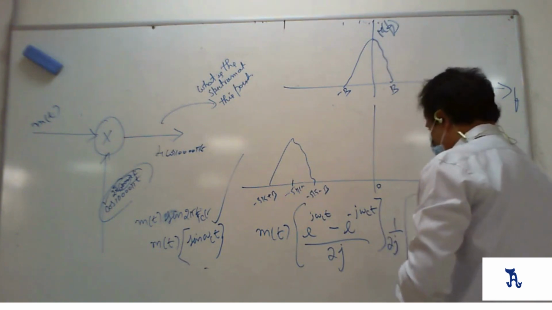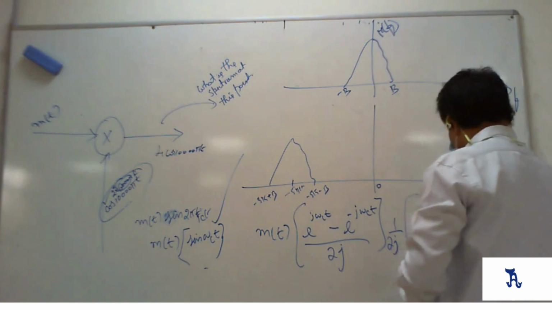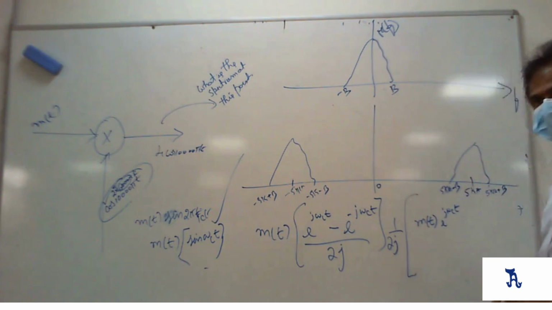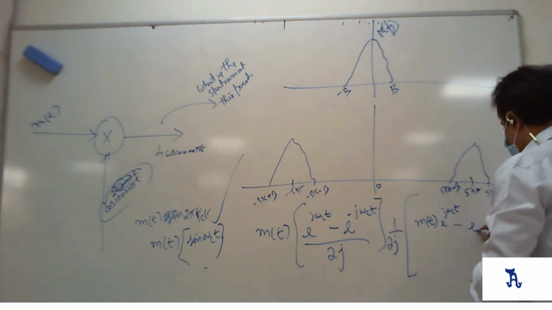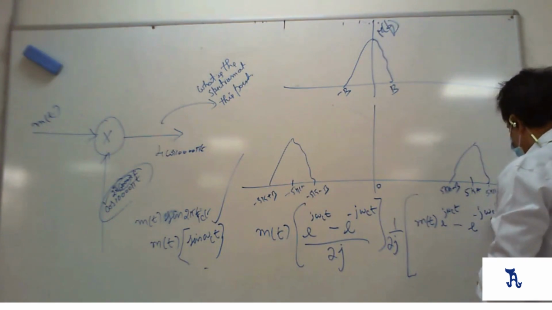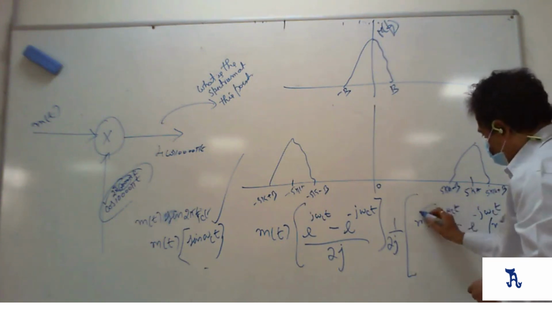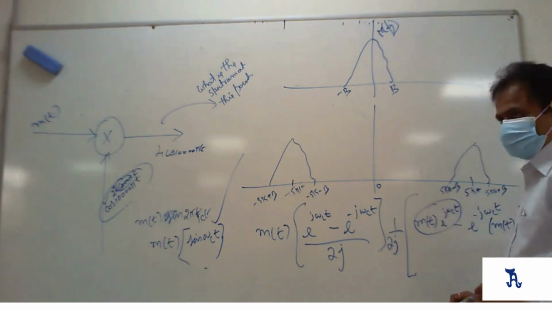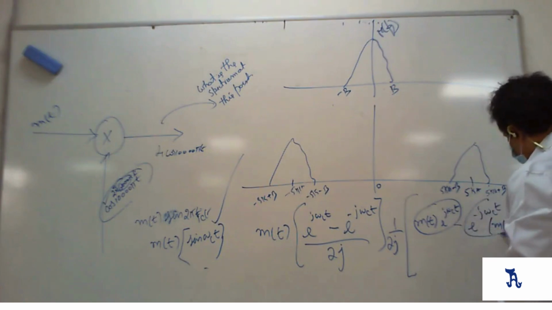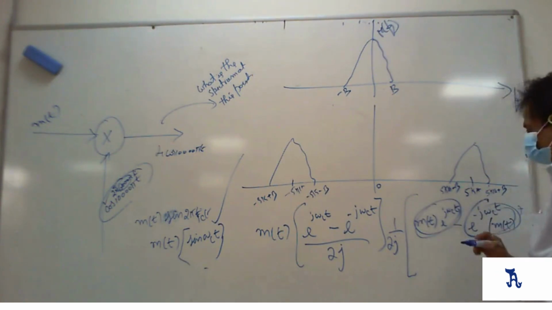Now m of t e to the power of j omega c t, minus e to the power of minus j omega c t into m of t, right? Now, what is the shifting property here? What is the Fourier transform of this?